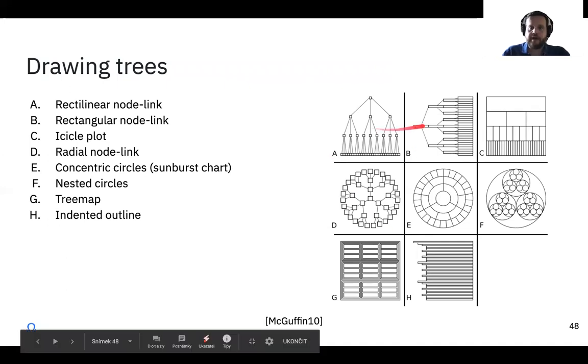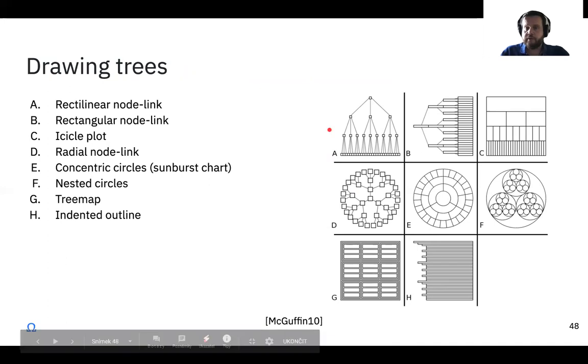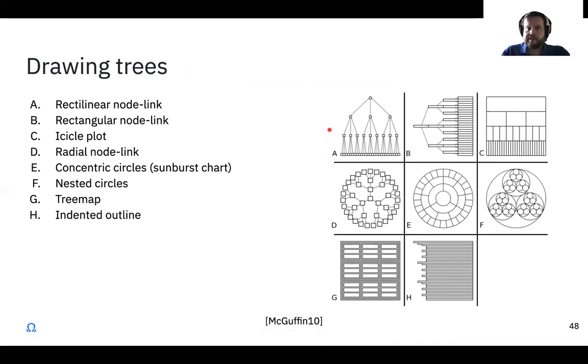So the first two are kind of clear. Those are node link diagrams again. So we're not going to spend too much time on that, except that usually a tree in a node link diagram is drawn with the root node up, and we progress towards the leaves on the bottom. But at this point in your studies, this is so intuitive that we really don't have to spend so much time on this.